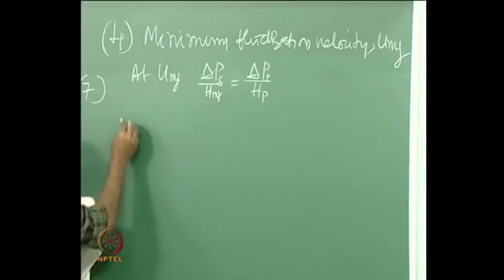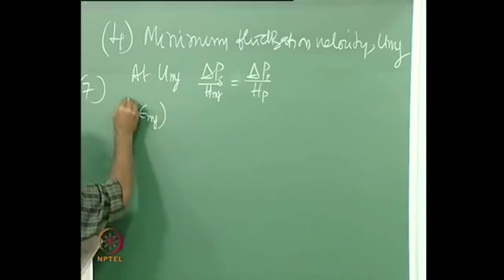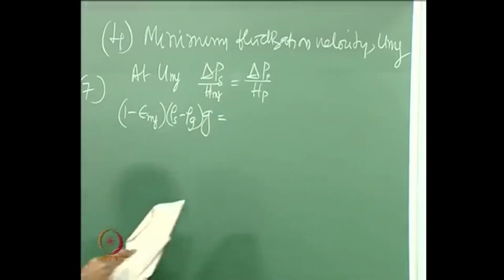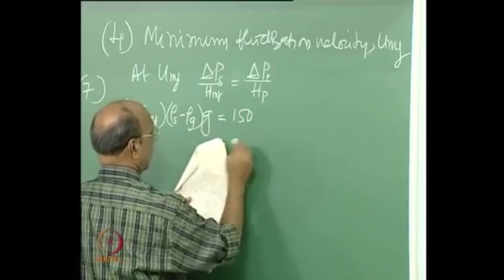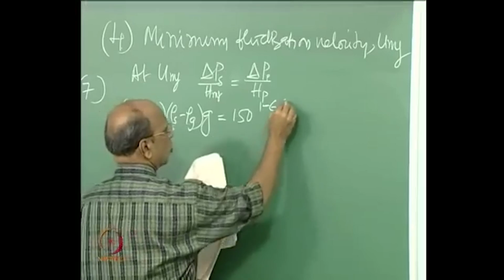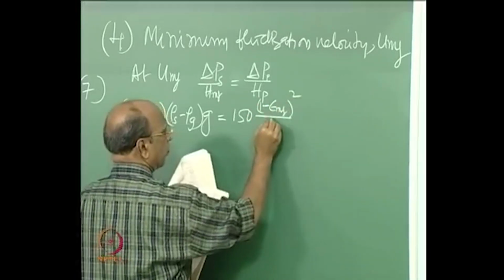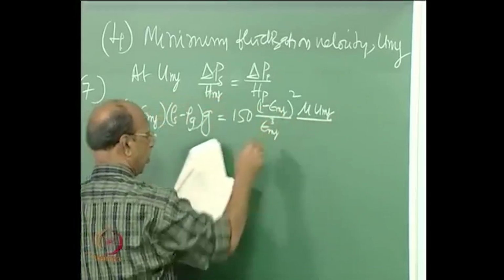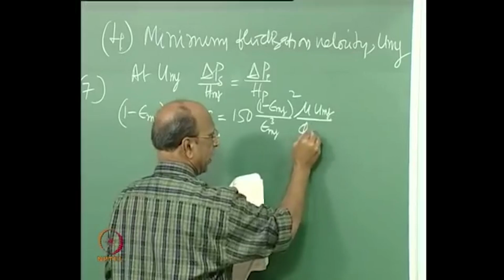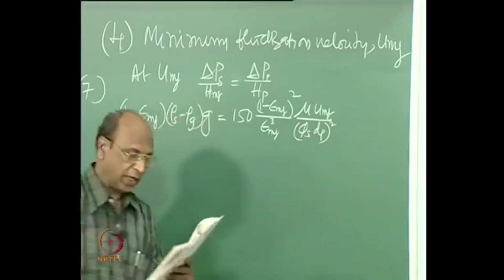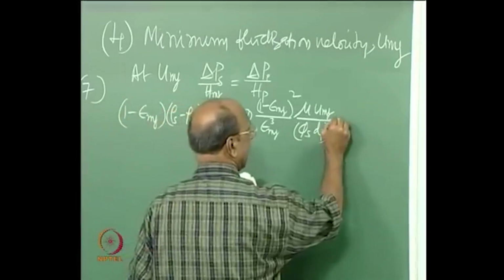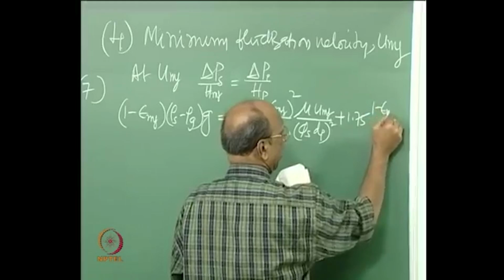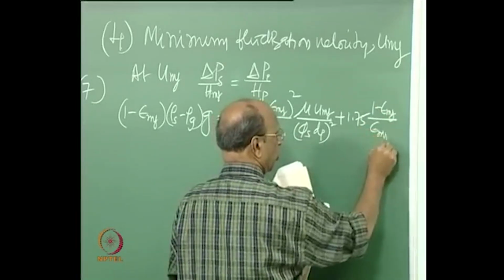Here delta P s, that familiar equation, is (1 minus epsilon MF) times (rho s minus rho g) times g, equal to the other equation: 150 (1 minus epsilon MF) squared over epsilon MF cubed, times mu UMF, where mu is viscosity, and (phi s dP) whole squared, plus 1.75 times (1 minus epsilon MF) over epsilon MF cubed, times rho f UMF squared over phi s dP, where phi s is sphericity.